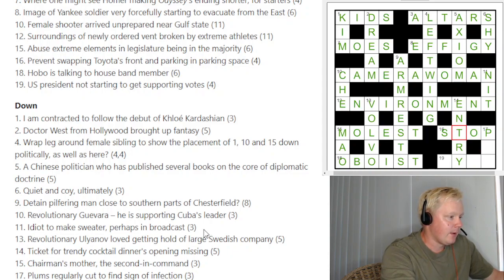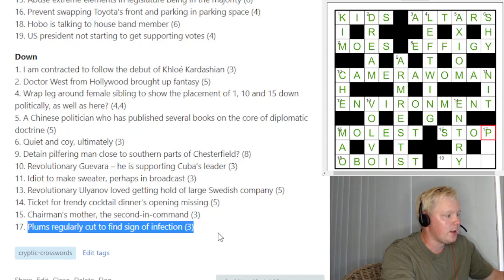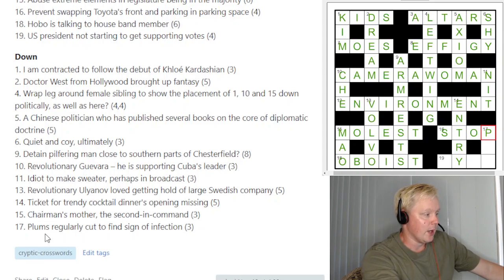Then let's look at 17 down, the last down clue. Plums regularly cut to find sign of infection. Well, if ever you see the word regularly in a crossword, it's often going to mean take every other letter.